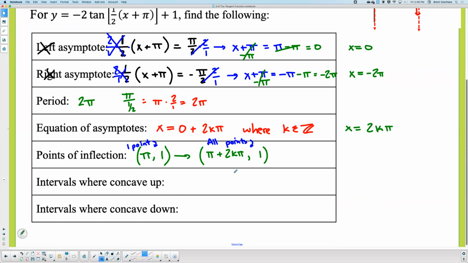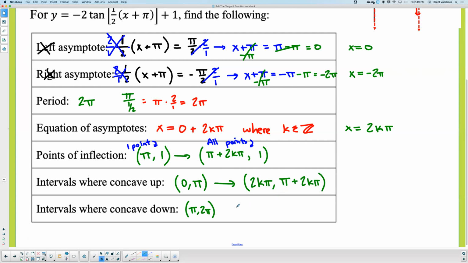And so again, one interval that's concave up, we said, is 0 to pi. Remember, intervals mean you list x values, not y's. Those are both x values. Concave down is from pi to 2 pi. So by formula, all you would do is add 2k pi to each. 0 plus 2k pi is 2k pi, comma, pi plus 2k pi.